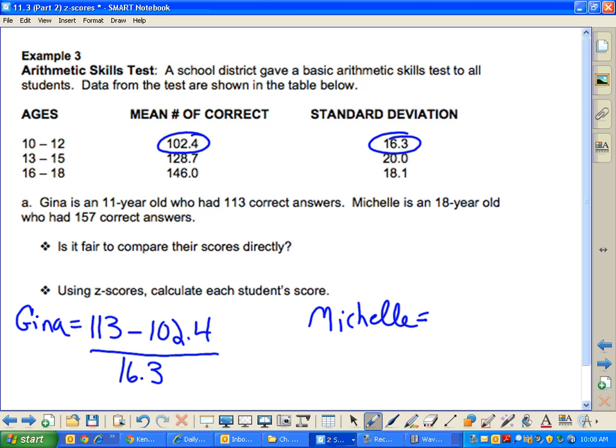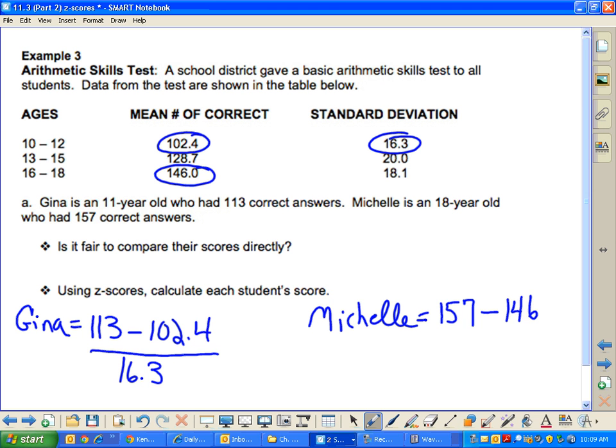Michelle scored 157 correct answers. And now I'm going to go ahead and compare her value to her age group's mean. So the mean for her age group was 146.